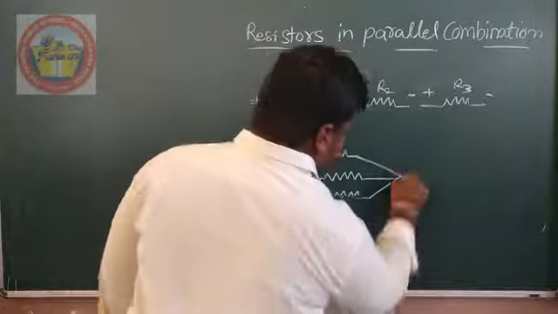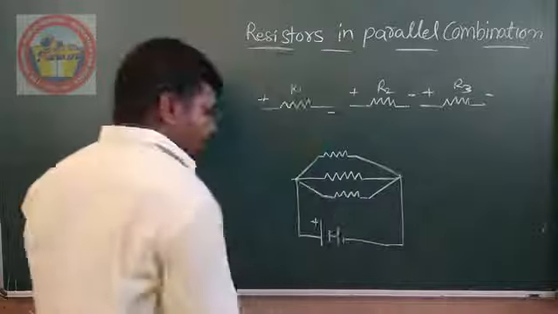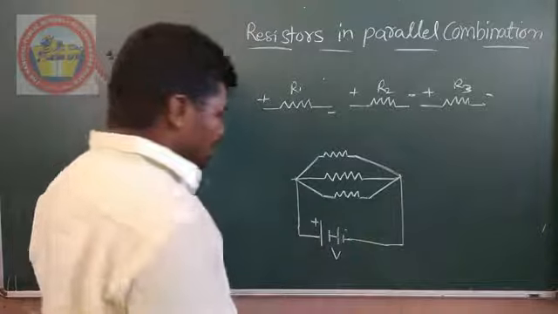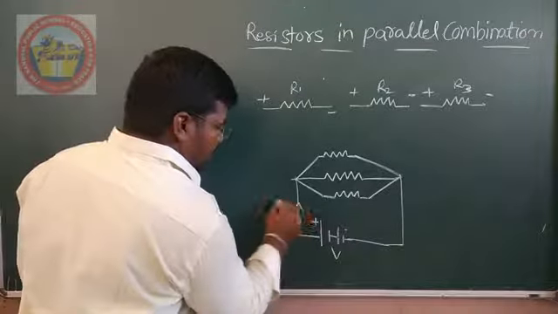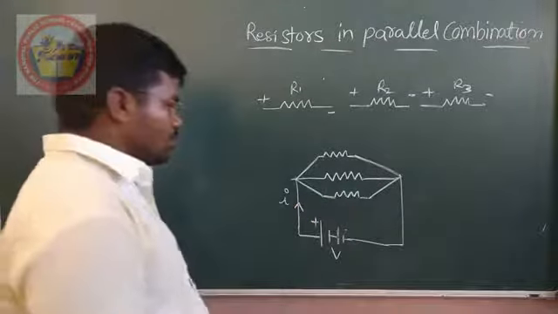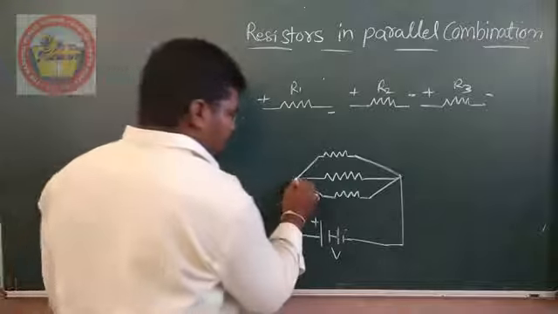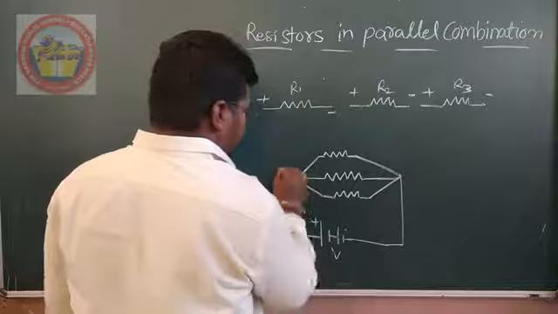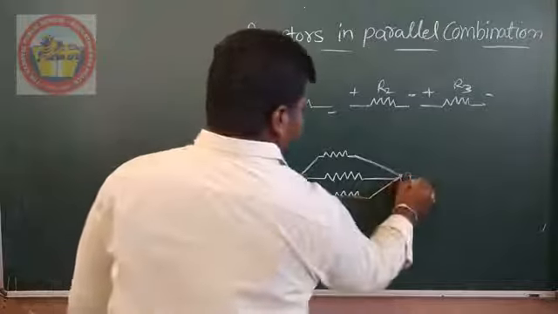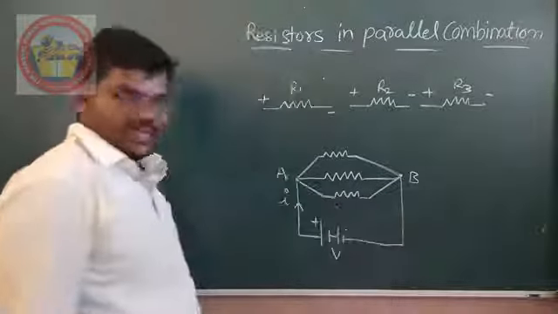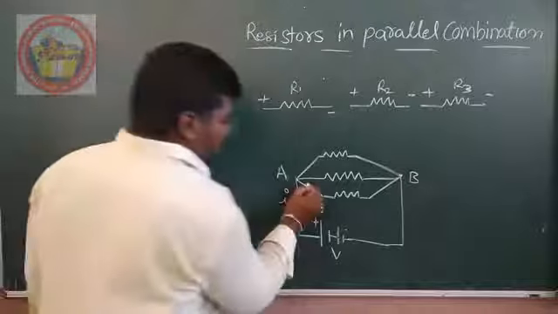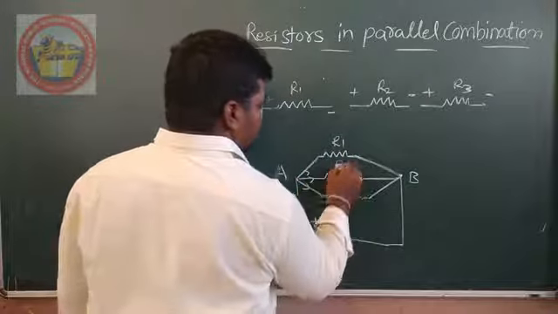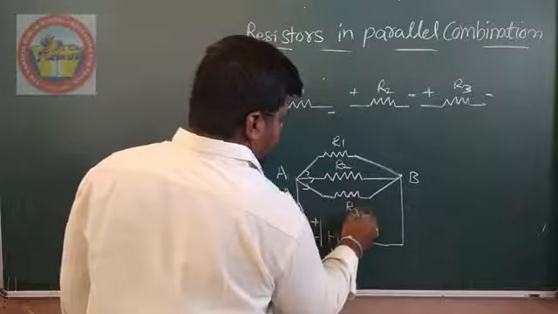Here we can apply a potential difference V, meaning a battery. Current passes through the circuit to junction A and at junction B the current can split through the R1 resistor, R2 resistor, R3 resistor.